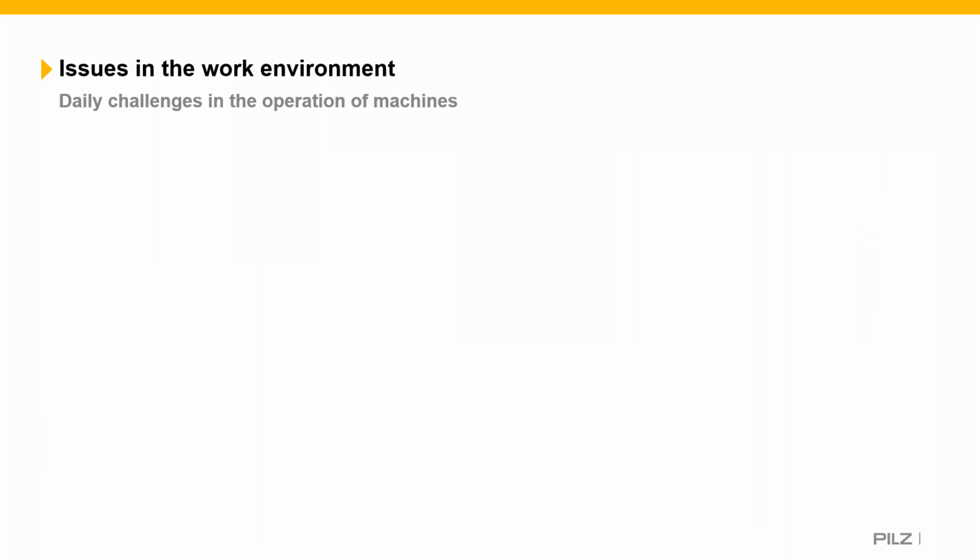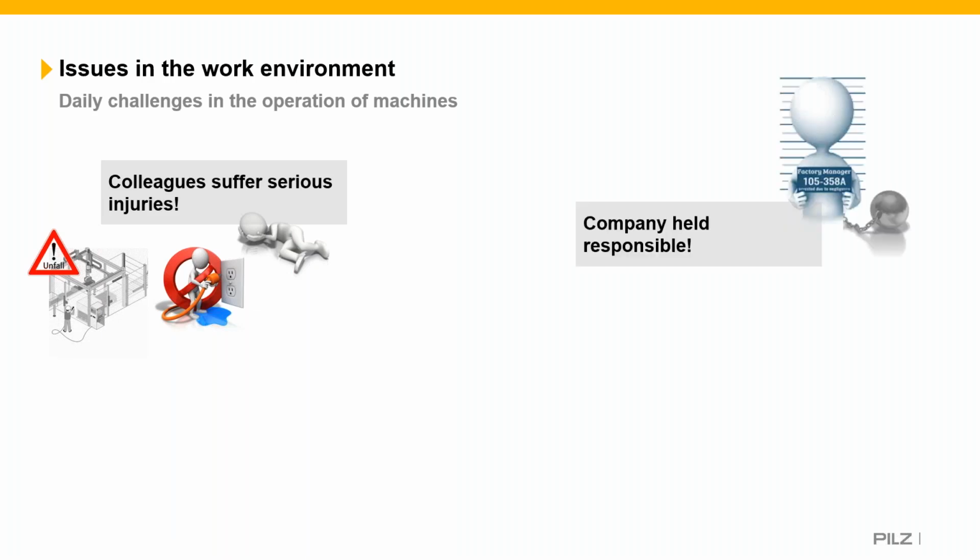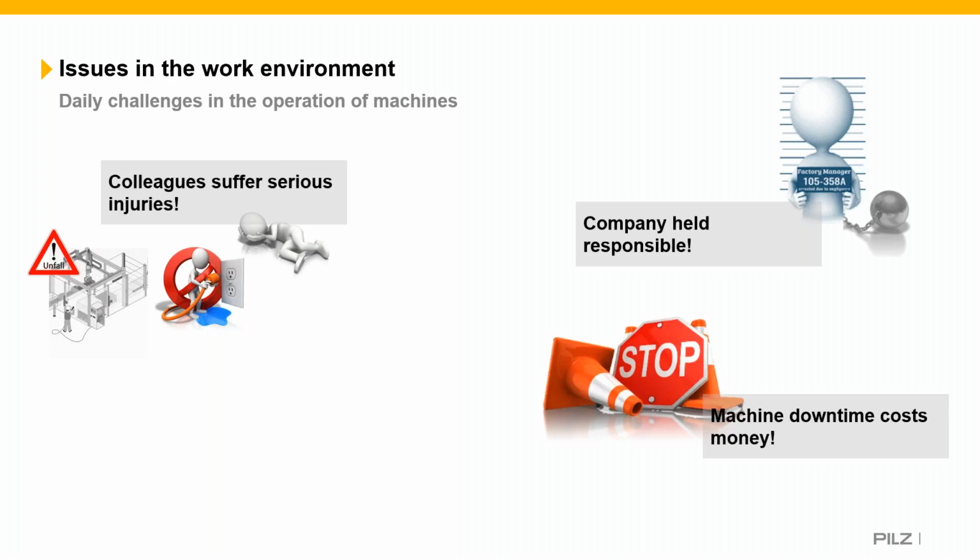So what issues do we face in the work environment? What daily challenges are there in the operation of machines? Unfortunately, colleagues can suffer serious injuries. Companies can be held responsible. We can have machine downtime costs due to switching machines on or off when they shouldn't, or getting access to something when they shouldn't.